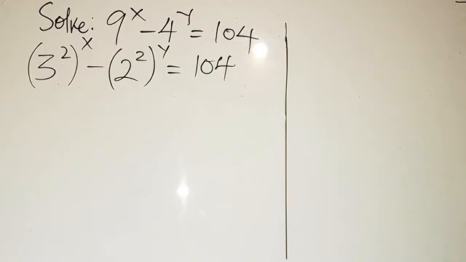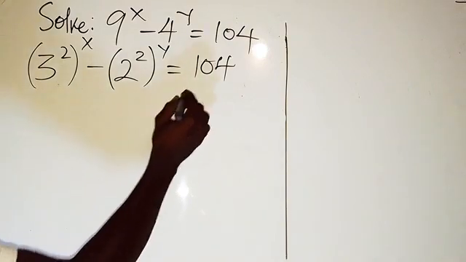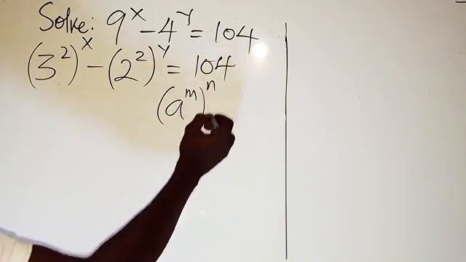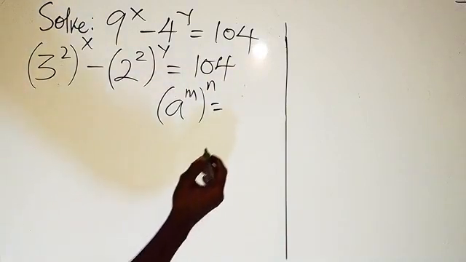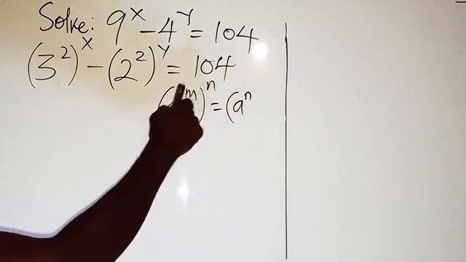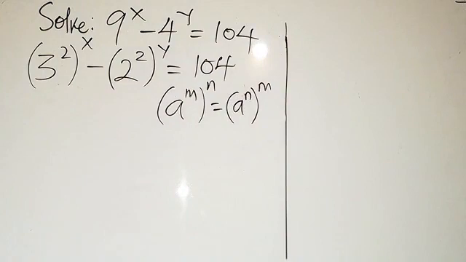from one of the laws of indices, which states that when you have a to power m, then to power n, you can actually write it as a to power n, putting n inside, then taking the m outside.